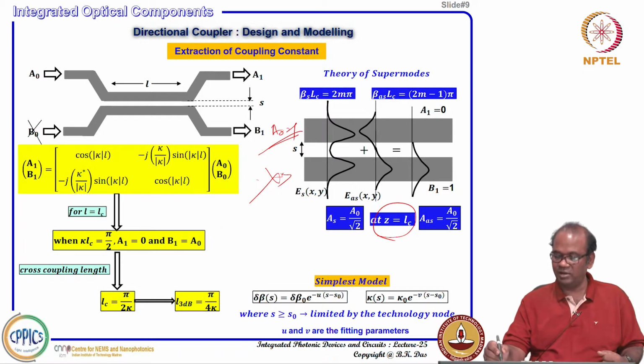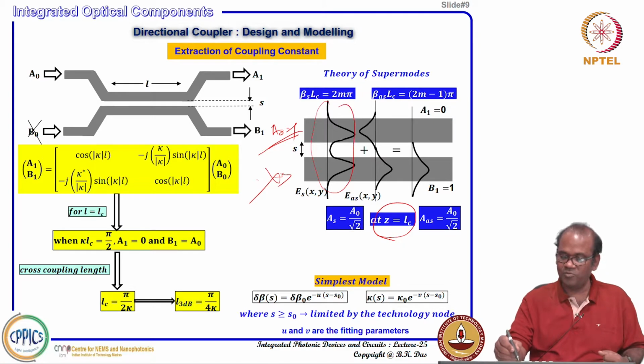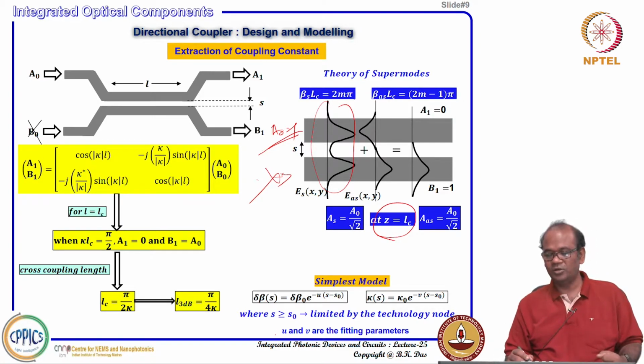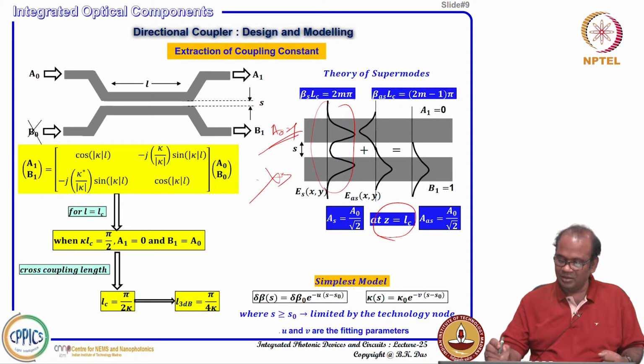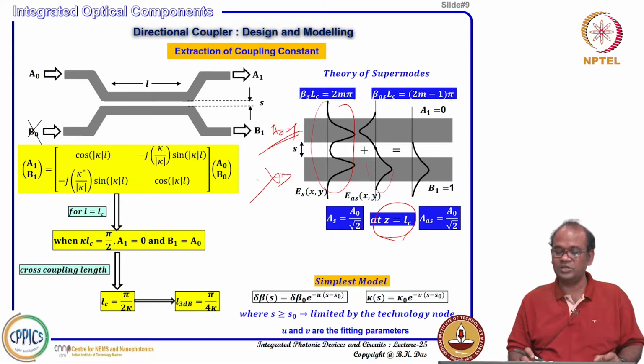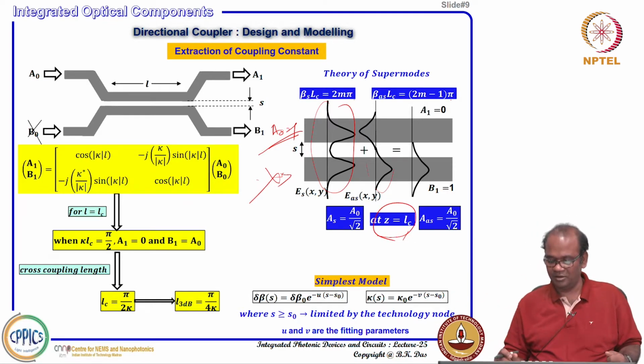Then at z equal to L C the symmetric mode will travel with a phase of 2 pi times integer m, and at that particular length L C the asymmetric mode will acquire a phase of (2m minus 1) pi, pi less, that means their phase difference is exactly pi after travelling L C length, right.